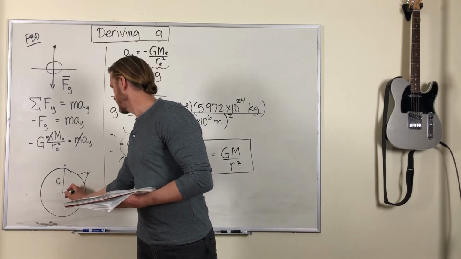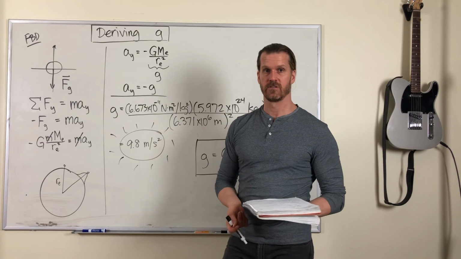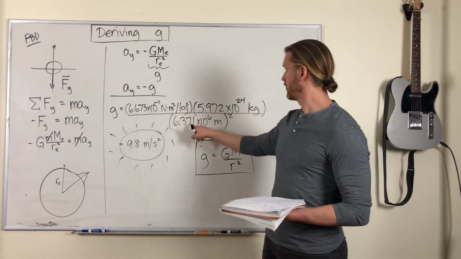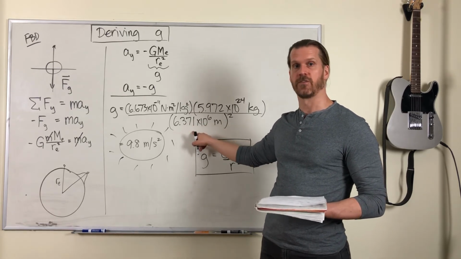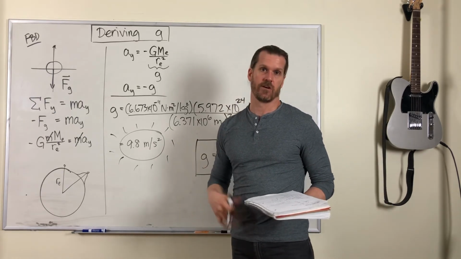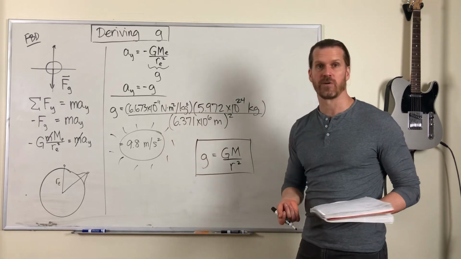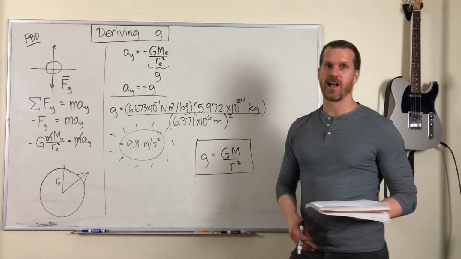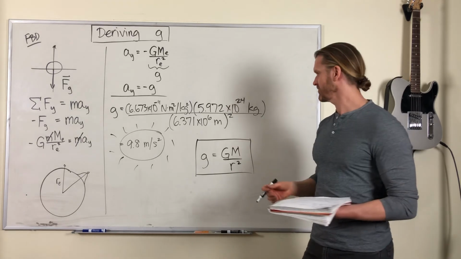Now this distance might be somewhat significantly larger, a few thousand meters larger. So it could actually make a fairly significant difference in this number, and you'll find that the free fall acceleration on the top of a mountain is smaller, maybe like 9.7 meters per second squared. So g is not actually fixed, it depends on how far you are from the center of the Earth.